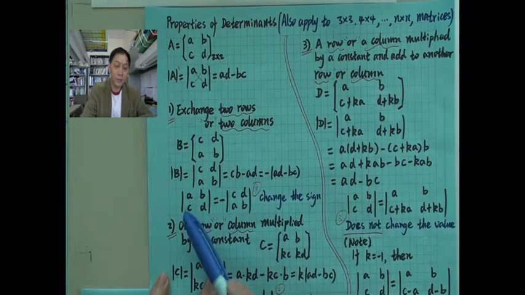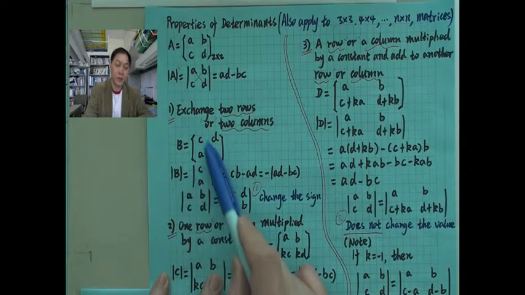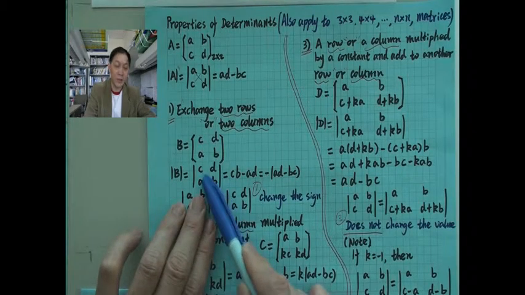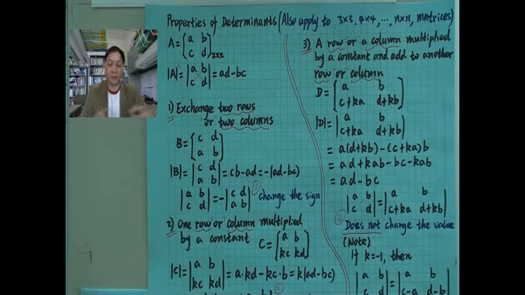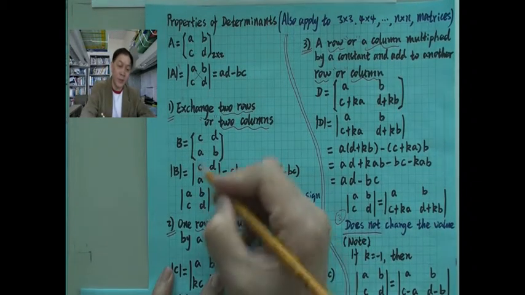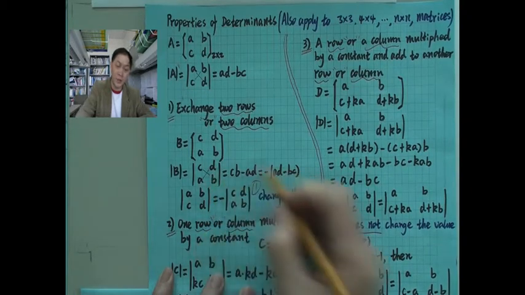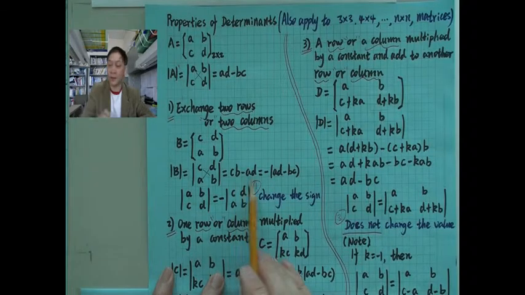The determinant of B, this matrix C D A B, is C times B minus A times D. That would be CB minus AD.